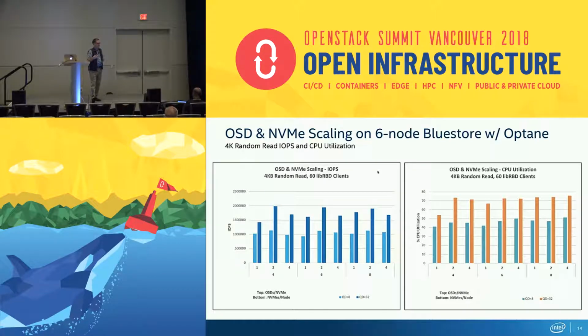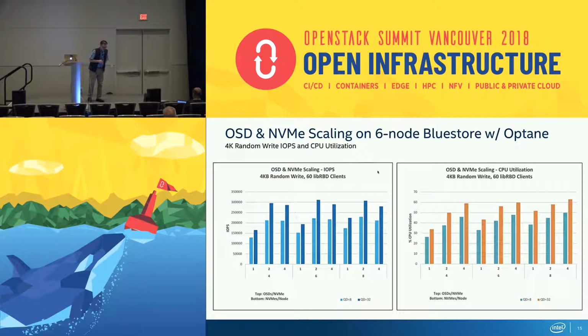So then it becomes just a price per gigabyte and a capacity exercise. That's the same if you look on the right at the 4K random reads with CPU utilization. It's pretty flat across. You're not really consuming a lot more CPU, so it really does come back to a performance per capacity discussion.